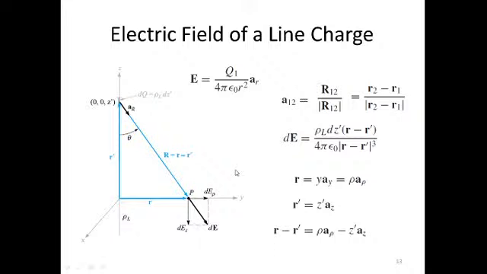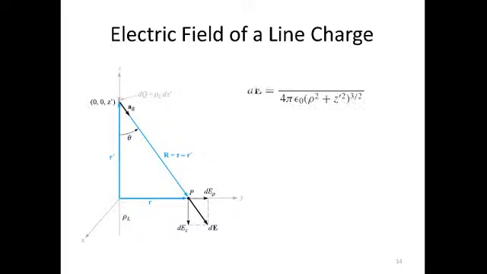As we require the difference to be substituted in the above formula, we substitute it like this. Now the substitution will look like this. In the numerator you will see rho l dz dash multiplied by, in the parenthesis, rho a rho minus z dash az, and in the denominator we shall be having 4 pi epsilon 0, multiplied by the bracket raised to the power, with the mod because it is a part of the unit vector.